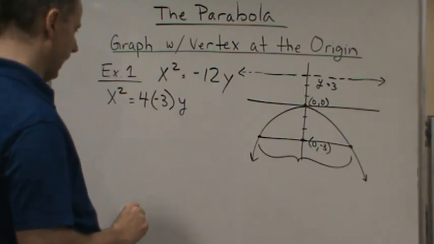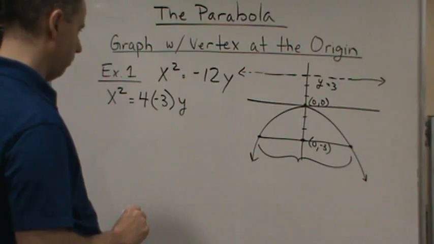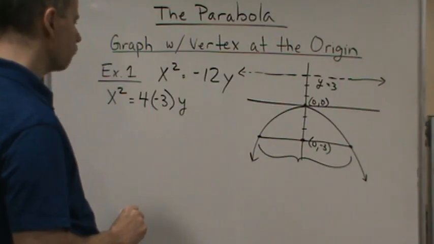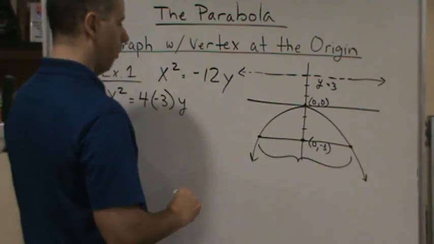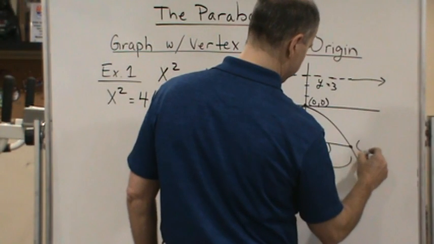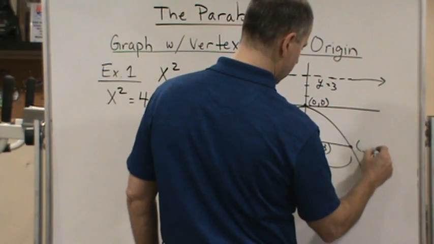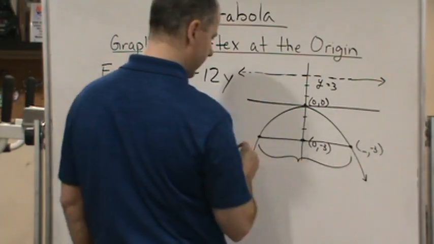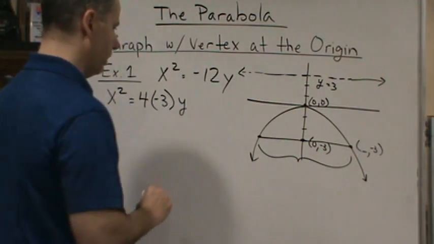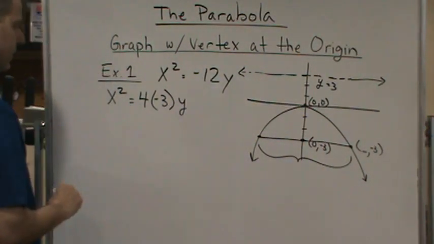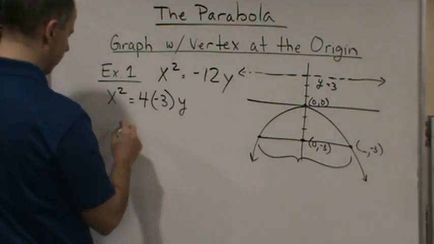Now, how do we find that? Well, we know these points have to be at negative 3 as the y, right? So if y is negative 3, let's plug it in.